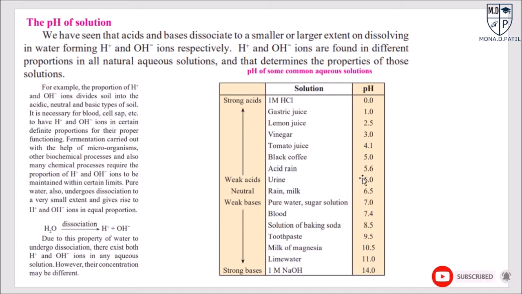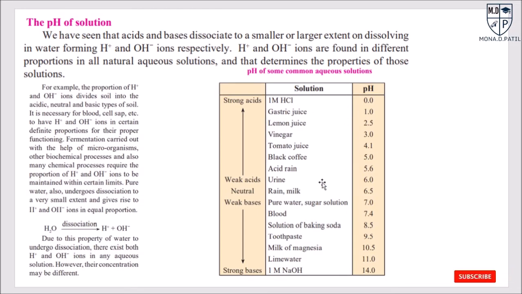So this decreasing order of numbers indicates increasing acidity of the solution, and finally here it is 0.0, and this tells us the pH of a strong acid.